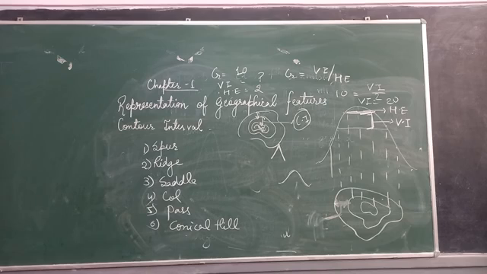Vertical interval is the vertical portion and horizontal equivalent is the horizontal one. Then I told you about the heights, that is benchmark, spot height, and triangulated height. Then relative height, which is the comparison between two heights.